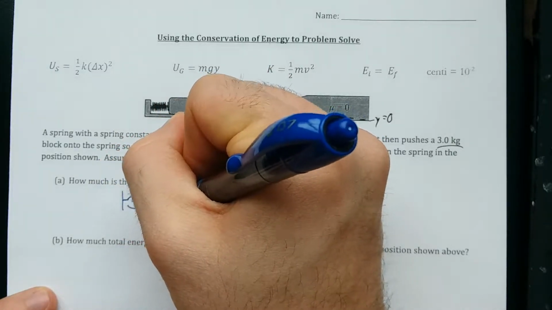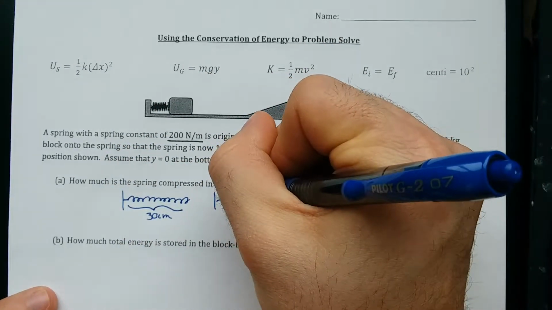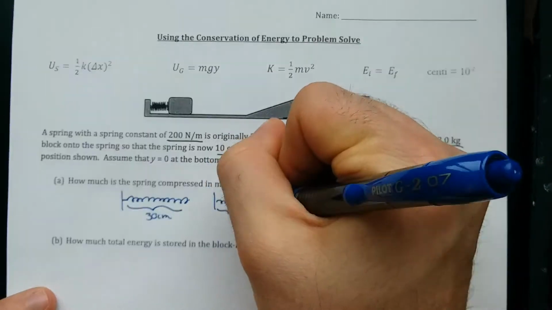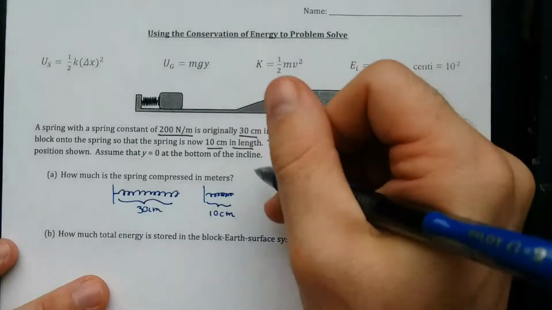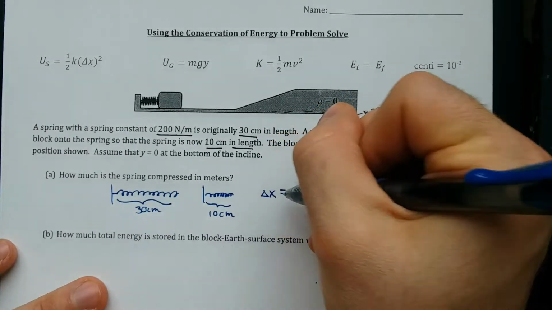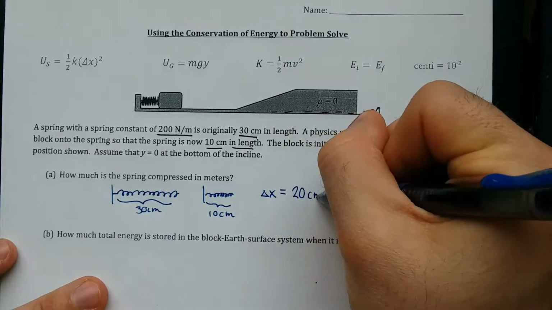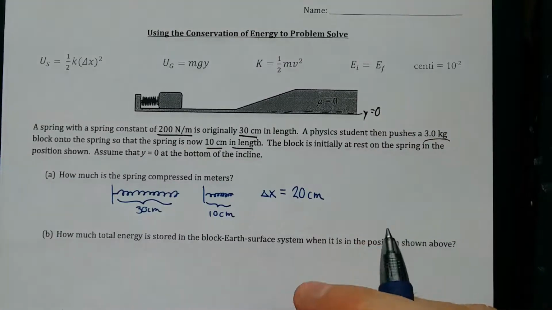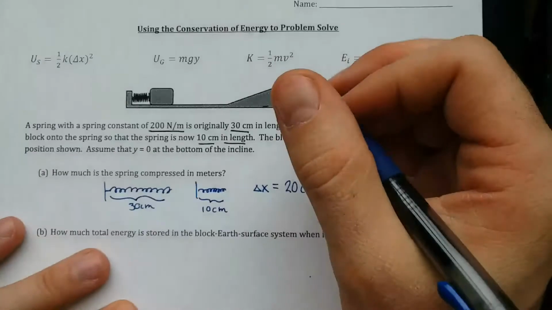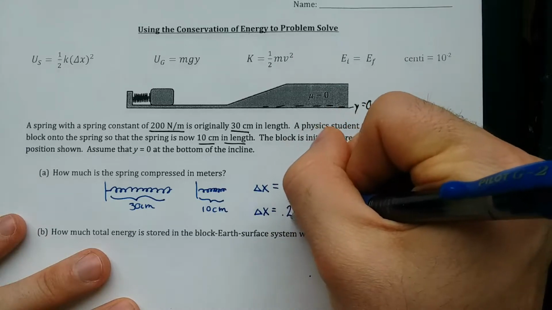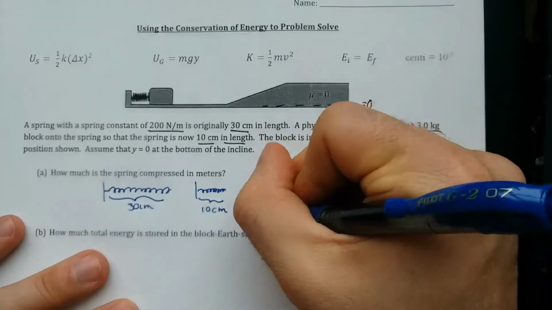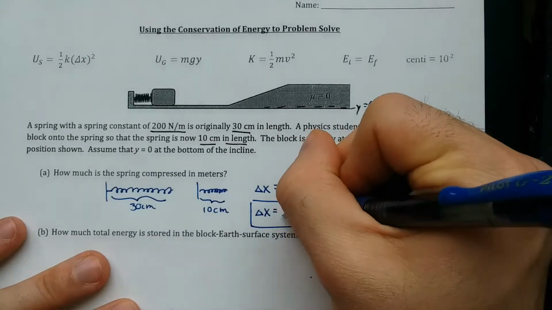Then, when the block was pushed in on it, it got squished together and now is only 10 centimeters. Well, that means it must have been compressed 20 centimeters. It just started at 30 and got pushed in. That's something I can just think about with words. And if I want to convert that to meters, that's 0.20 meters, 20% of a meter stick.